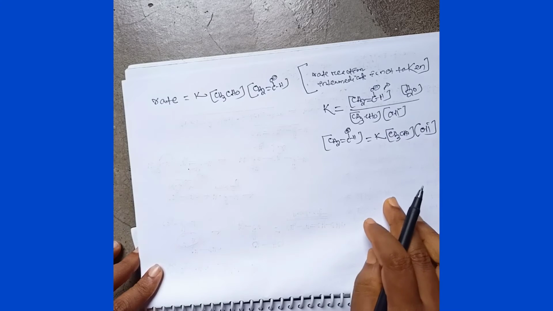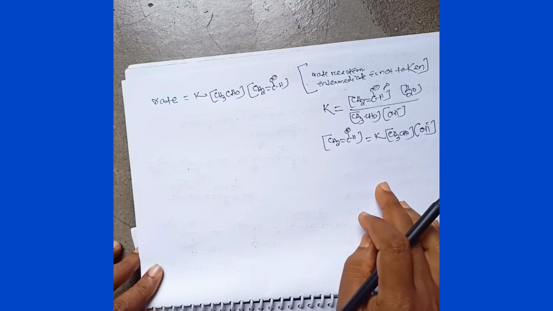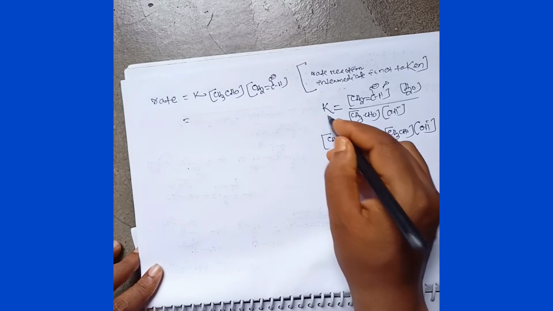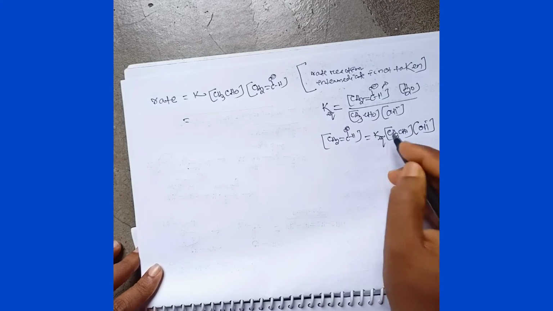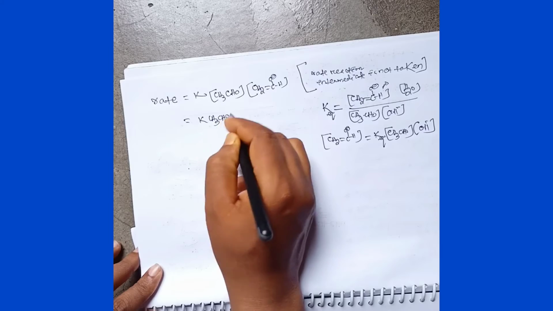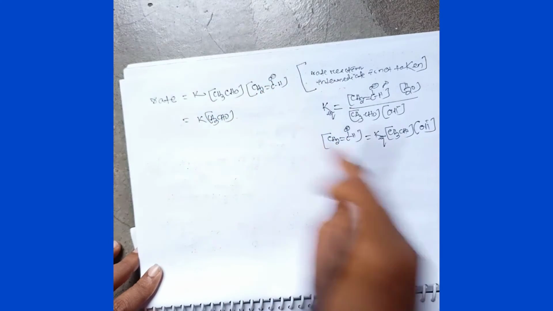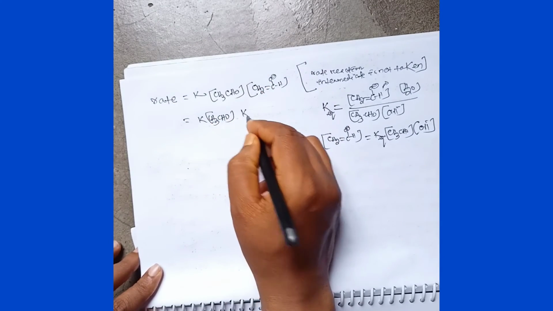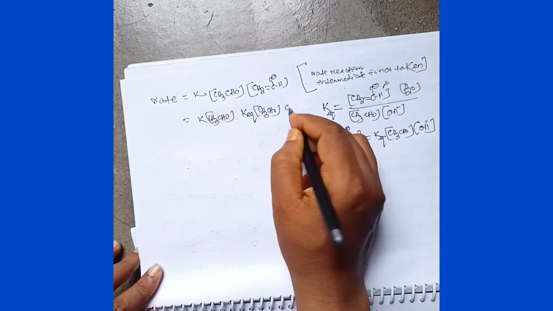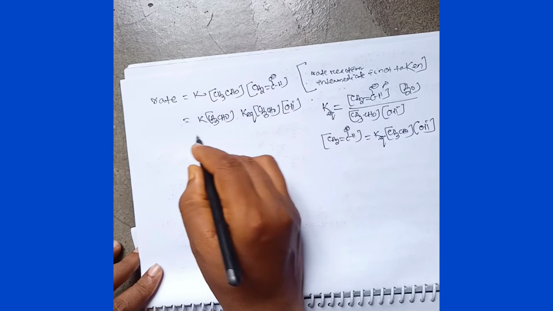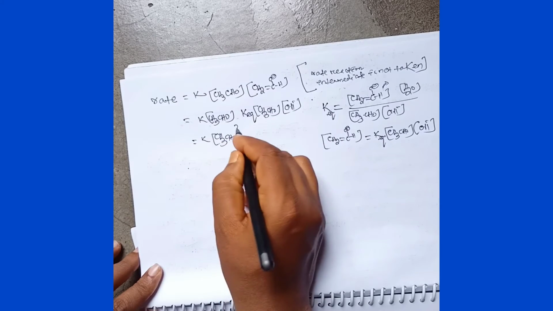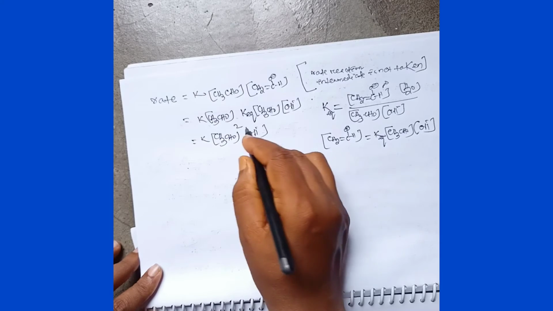We neglect the concentration of water because it is in large amount. So in place of the enolate ion we put K equilibrium CH3 CHO OH minus. So finally, rate equals K CH3 CHO squared OH minus.